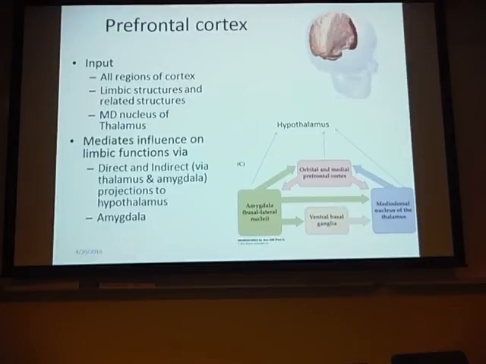Another important projection is this one here, going from the prefrontal cortex to the amygdala. And I referred to this earlier, that the higher level centers of the cortex, the prefrontal cortex, have a modulatory role on subcortical structures, like the amygdala. And let's think about this in relation to the teen brain that we talked about last semester in development.